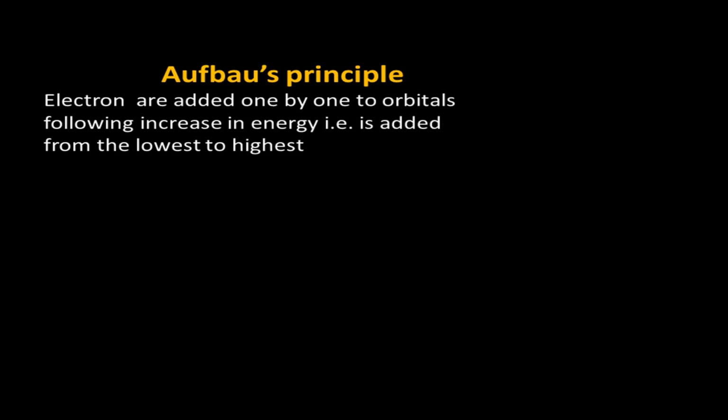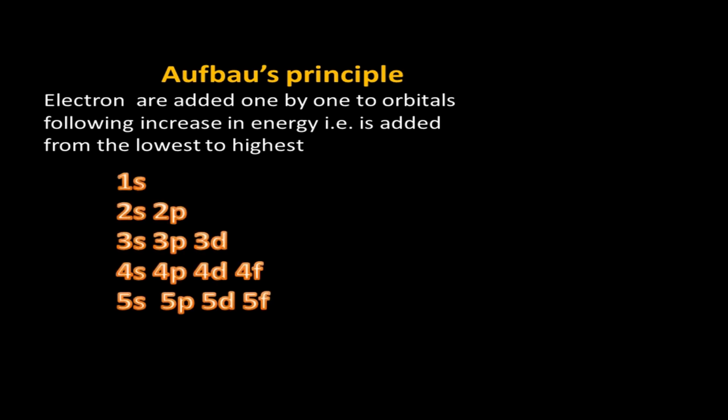Aufbau's principle. Aufbau's principle states that electrons are added one by one to orbitals following increase in energy. That is, electrons are added from the lowest to the highest.